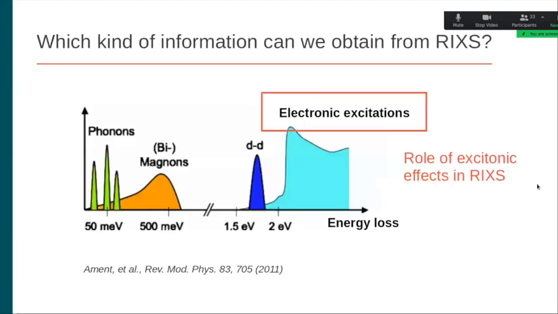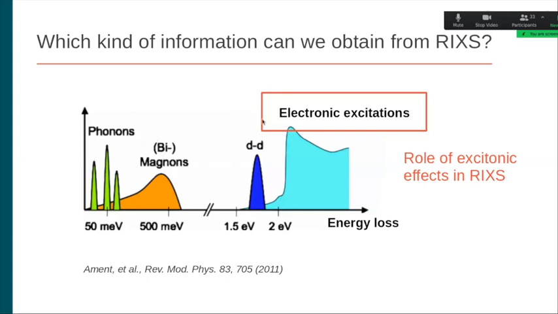I also wanted to explain what kind of information we can obtain from RIXS and what RIXS spectra look like. Normally in RIXS, we plot the intensity, or the accumulated photons that we measure, as a function of the energy loss. If you can resolve low energy excitations, you could, for example, measure phonons or magnons.